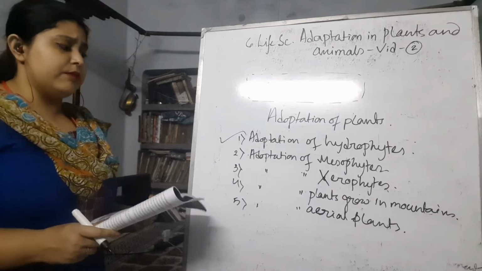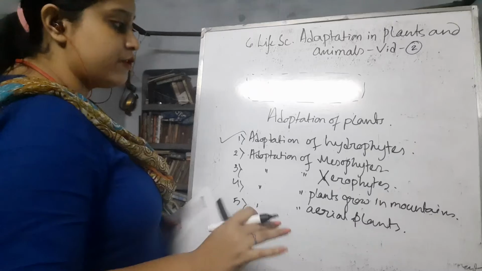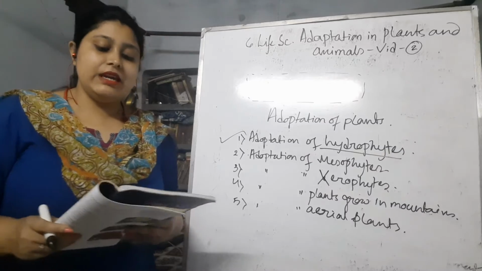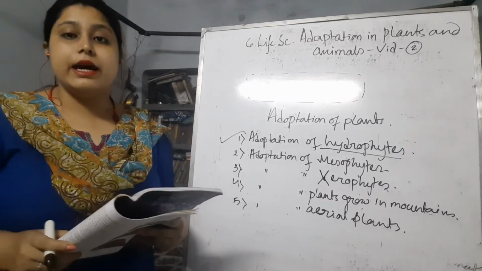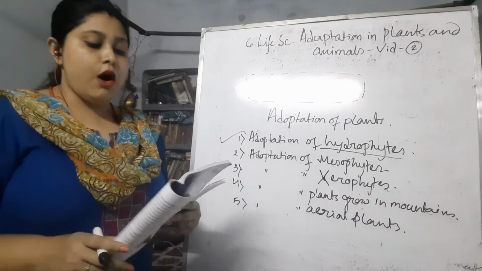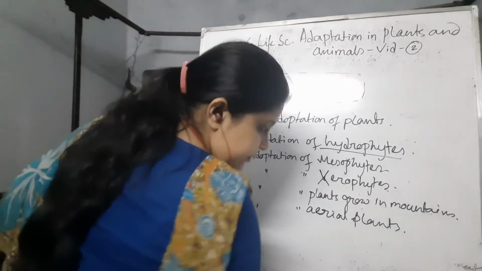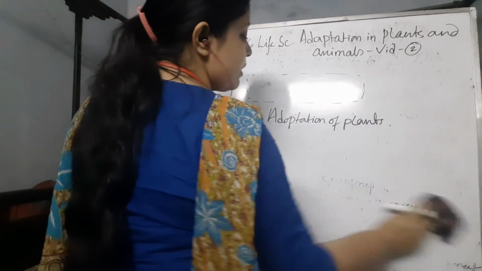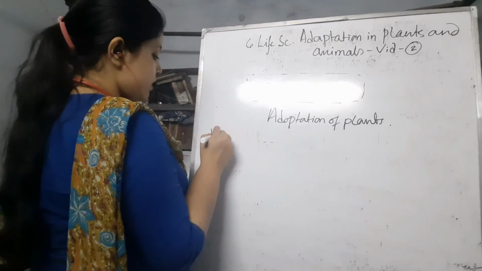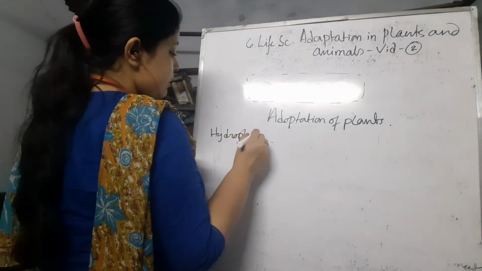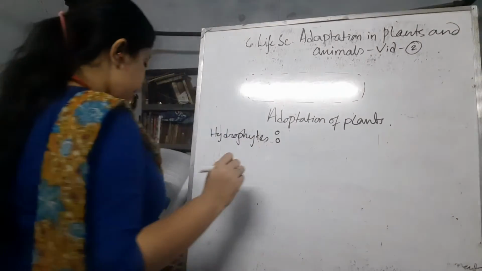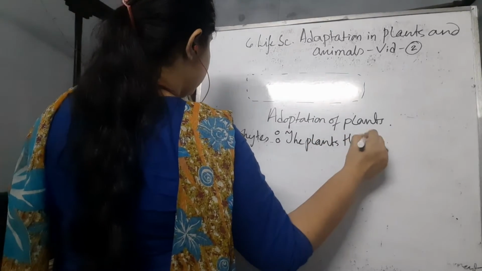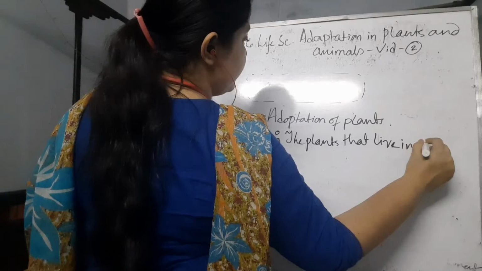Okay, so first let's discuss what hydrophytes are. Hydrophytes are plants that live in water, also called aquatic plants. Let me write the definition of it. Hydrophytes are mainly the plants that live in water.